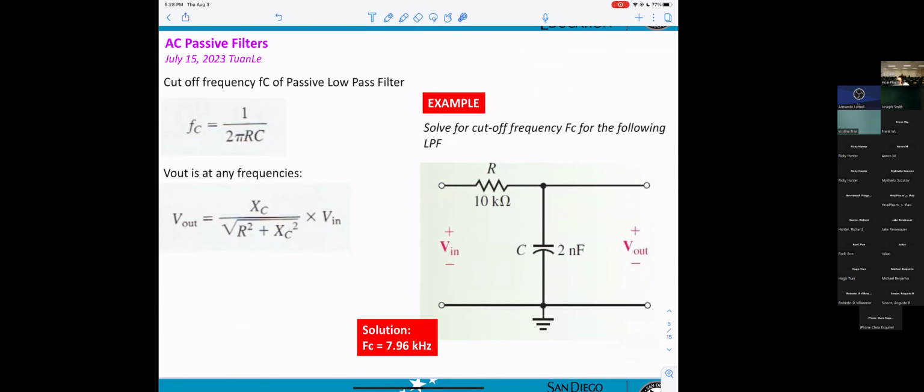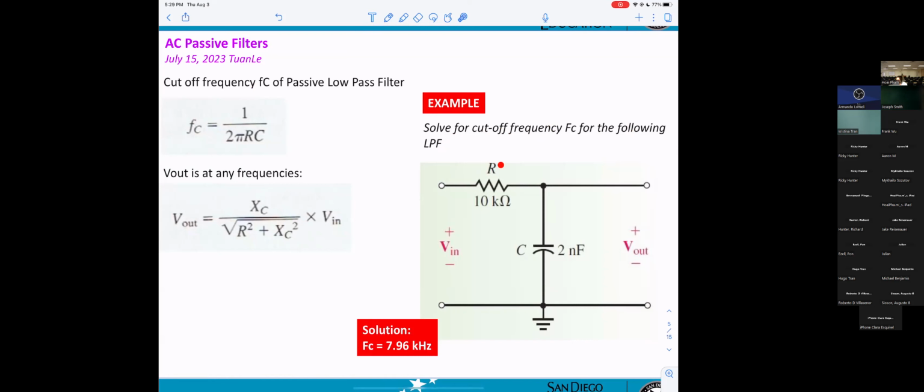Cutoff frequency, we already gave it to you. This is the formula. If you want to calculate at any frequency, you can use this formula: V out equals Xc divided by the square root of R squared plus Xc squared, times V in. Now, calculate the cutoff frequency FC for the following low pass filter.